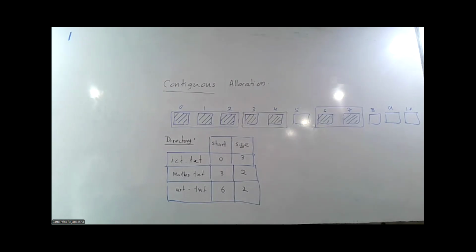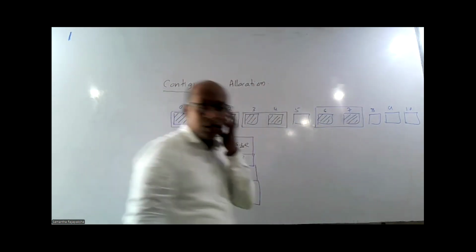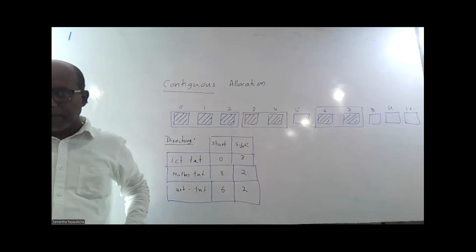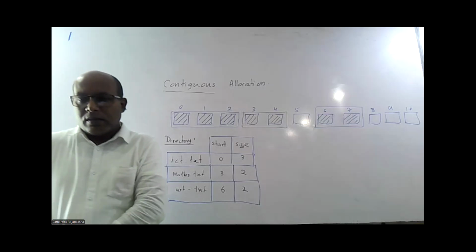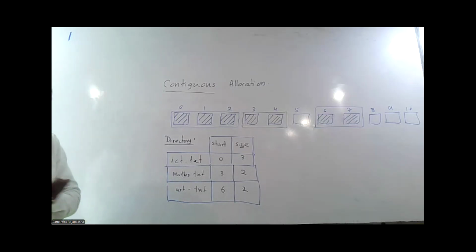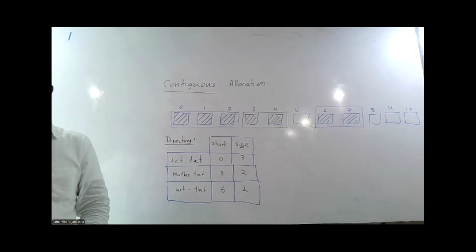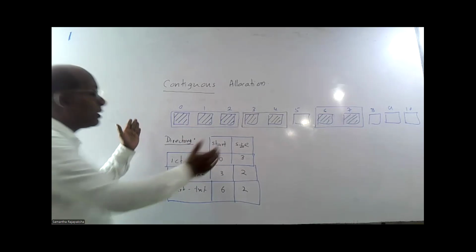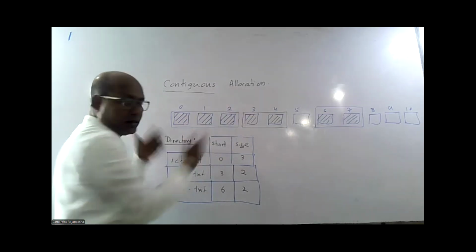Now the idea is that we want to allocate the consecutive blocks, nearby blocks together. This is called the contiguous allocation. Contiguous means we allocate consecutive blocks together, not here and there.